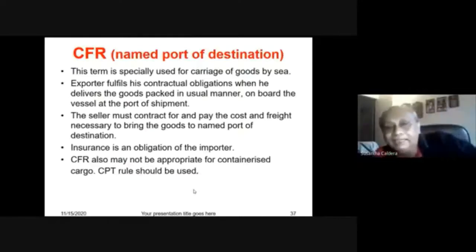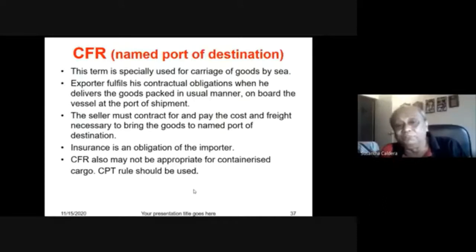Right? And then insurance is an obligation of the importer. Insurance is an importer's obligation, not the seller's. Cost and freight.